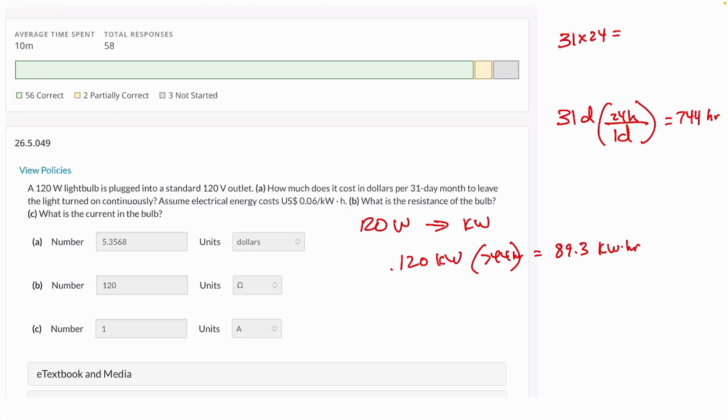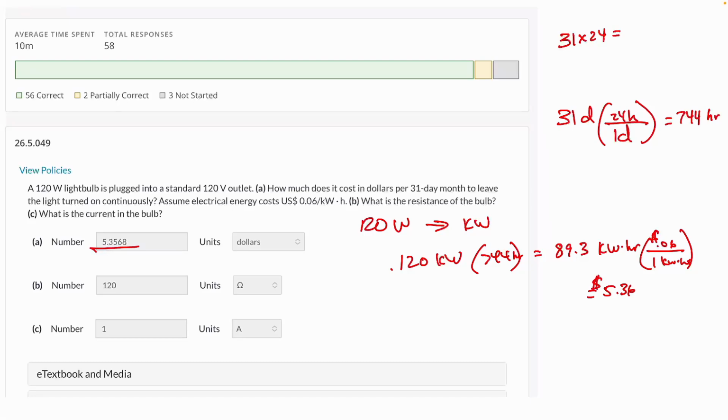All right, it costs 6 cents per kilowatt hour. So 89.3 times 0.06 is 5.36. Which is the answer, 5.36.